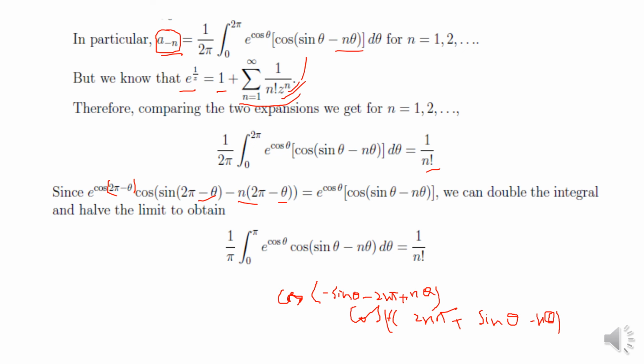So cos, this we take out, because cos of minus theta is cos theta. So this becomes cos of 2n pi plus theta dash, this term, which is equal to cos theta dash. So cos of sine theta minus n theta into e to the power cos theta. Fine.